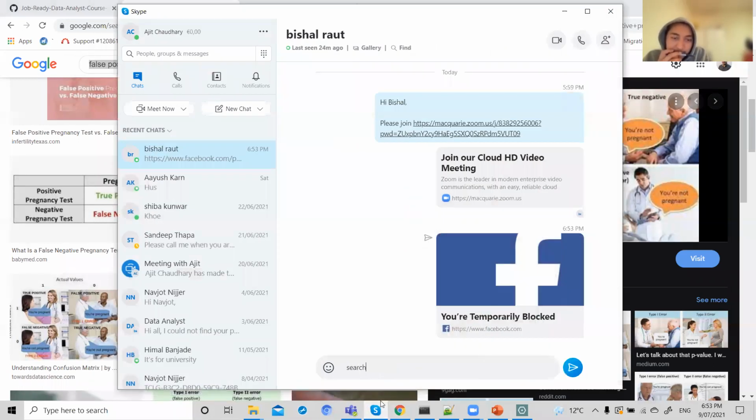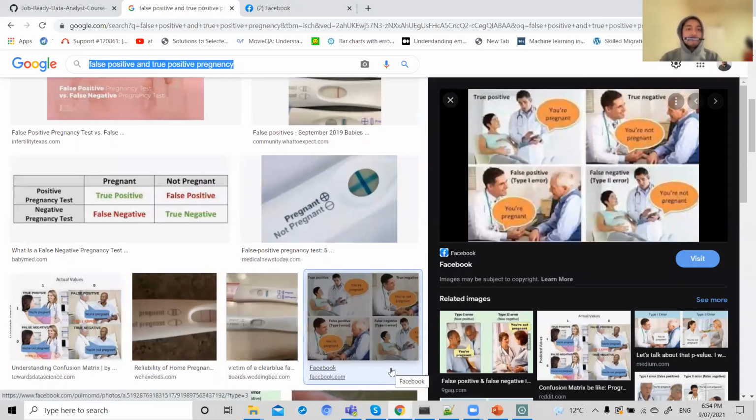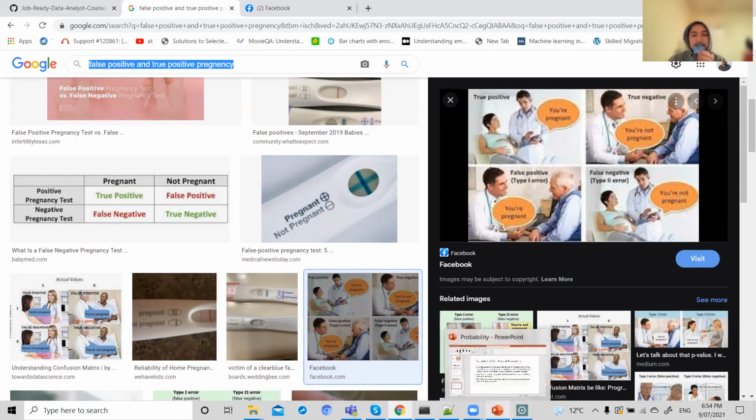Search image. Just give me 1 minute. And the battery is running low.